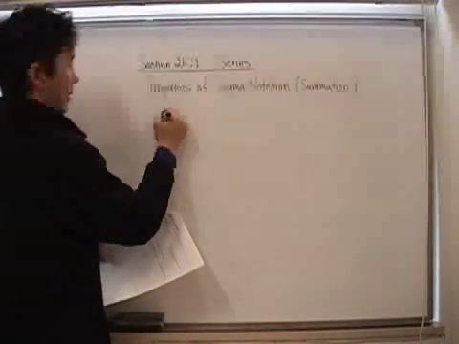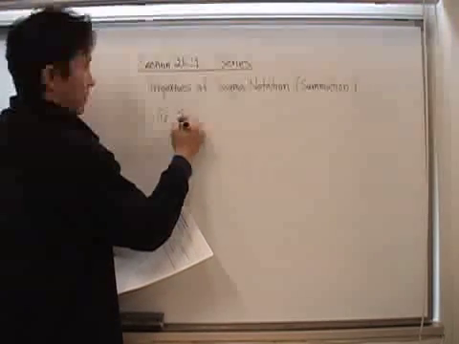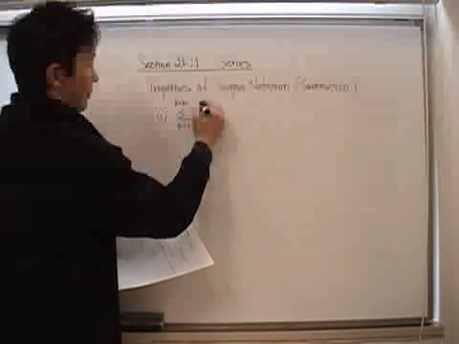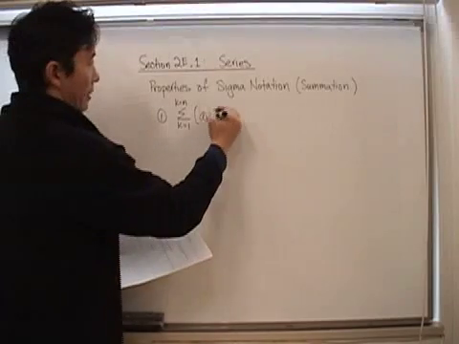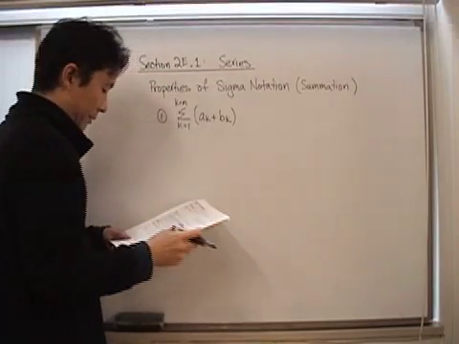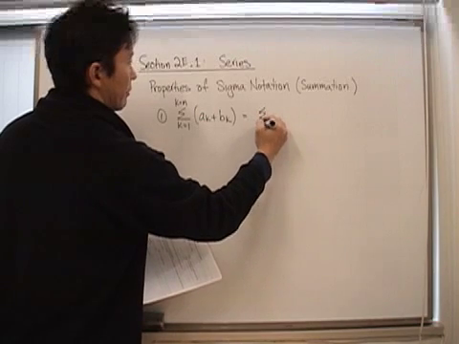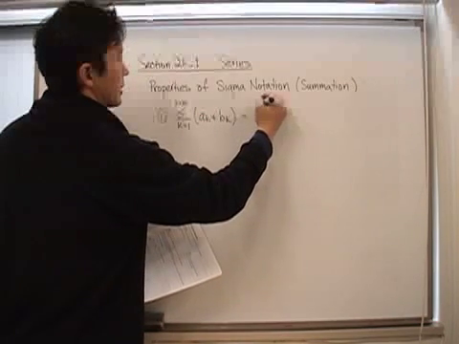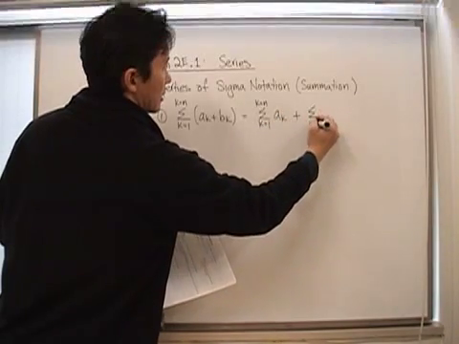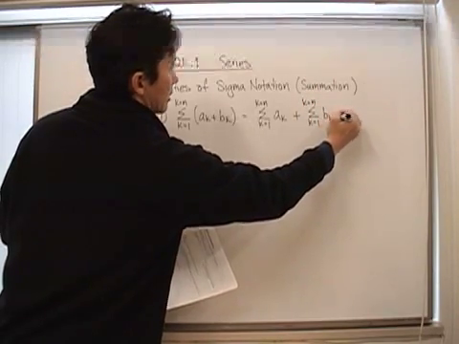Okay, here's the first property. It says that if we take the summation from k is equal to 1 to k is equal to n of a sub k plus b sub k, where these are two different sequences, I know that this is going to be equal to the summation from k is equal to 1 to n of a sub k plus the summation from k is equal to 1 to n of b sub k.